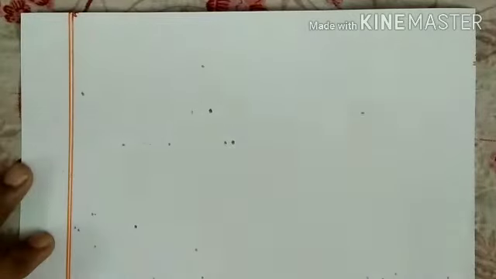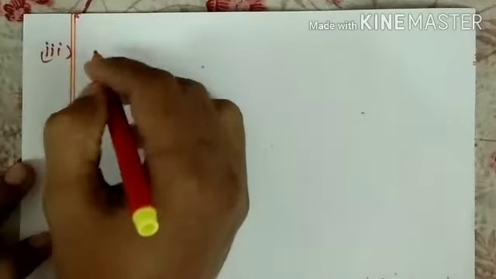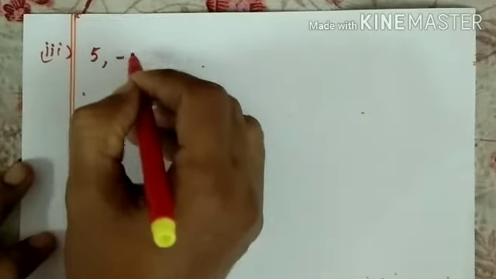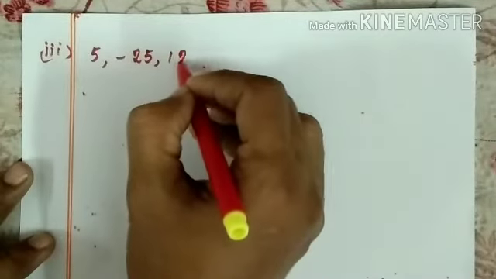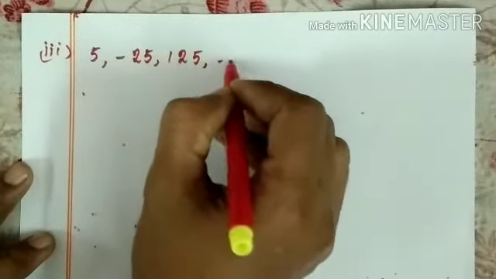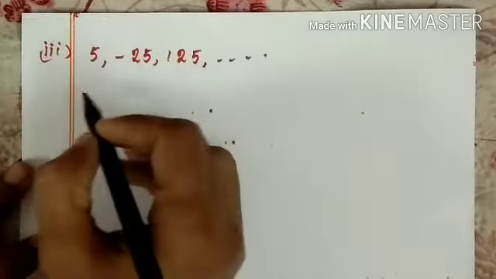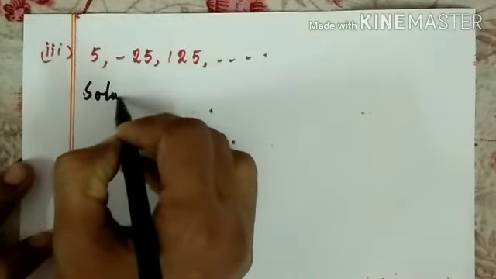Now we move on to the third subdivision. The question is 5 comma minus 25 comma 125. Let us do the solution.